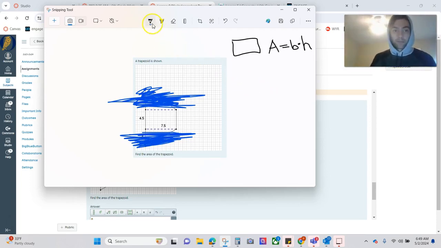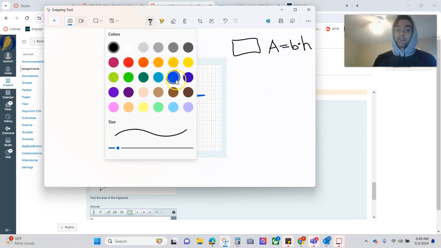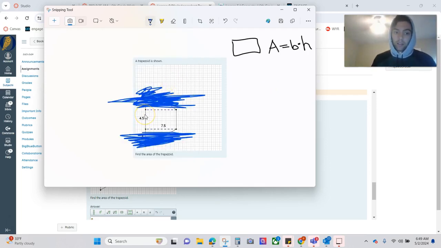So for us, our base is this. Because also our trapezoid maybe is a little sideways, but 4.5 is technically the base. I know it's not the bottom, I know it's not the top, but it is the side of the shape.